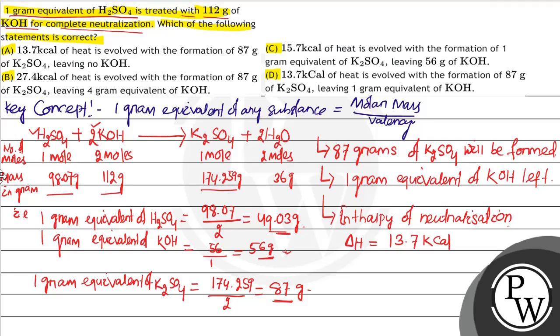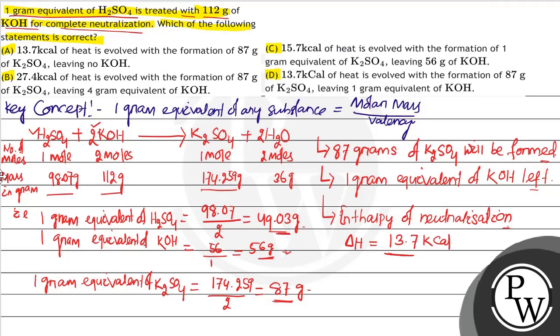Hence, during the reaction between 1 gram equivalent of H2SO4 and 1 gram equivalent of KOH, this much heat will be released. So now we get our 3 subparts of our answer.